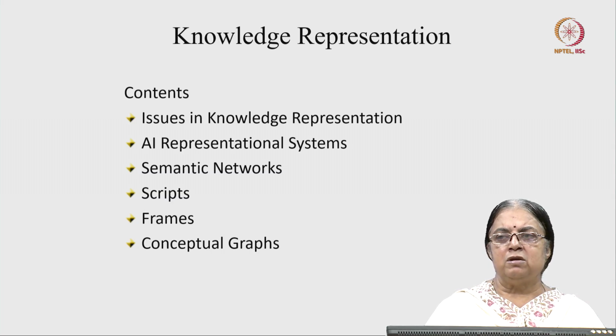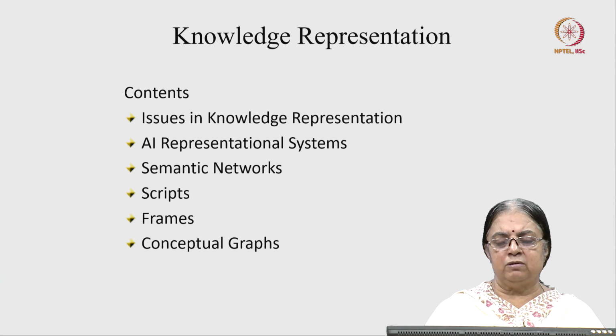In other words, what are the factors you need to take into account when you are going to talk about knowledge representation. And in the case of AI, what are the representational systems that we have, and what are the characteristics these systems should be having.